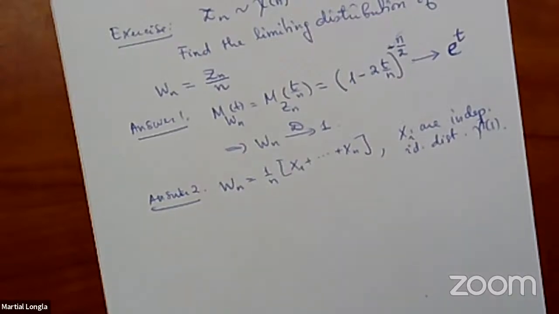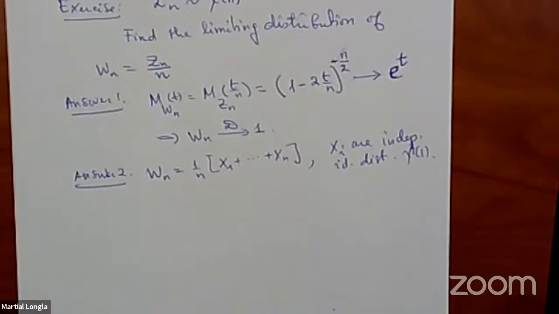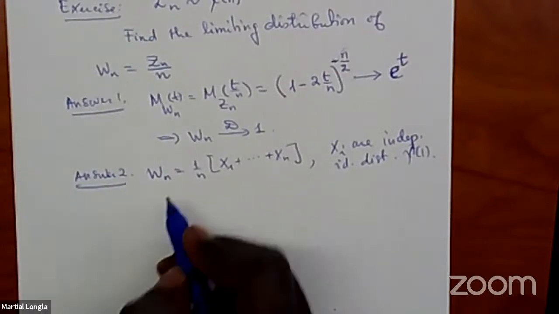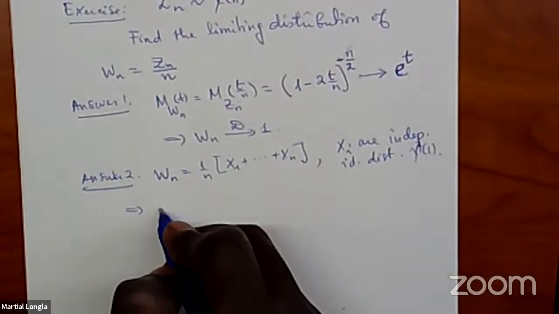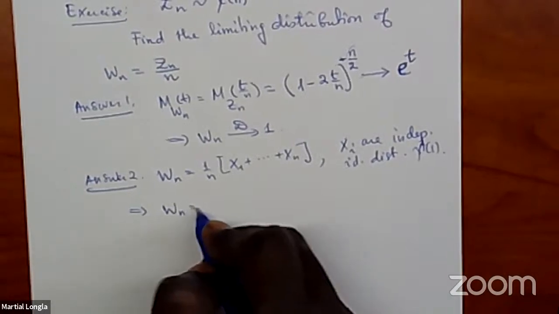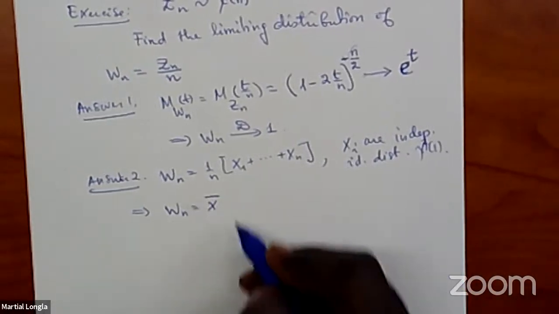So if you add n of them, you obtain the chi-square n that is given here. Therefore, Wn is nothing but X bar again.